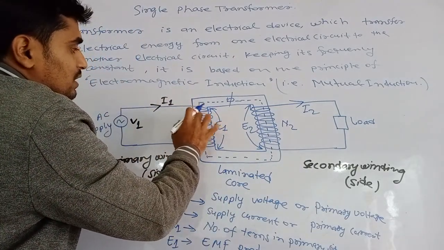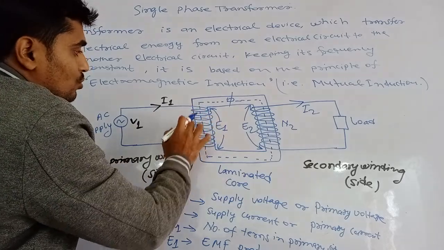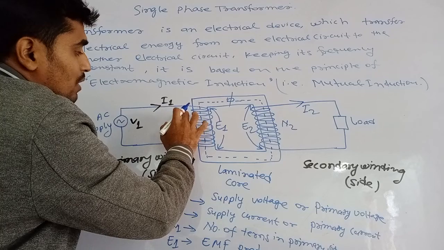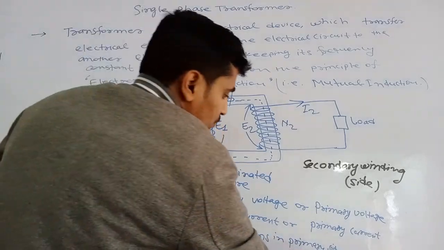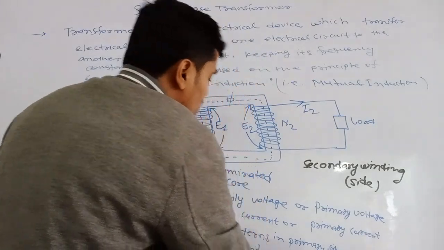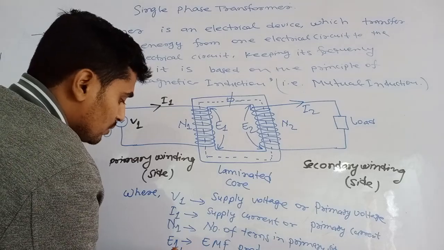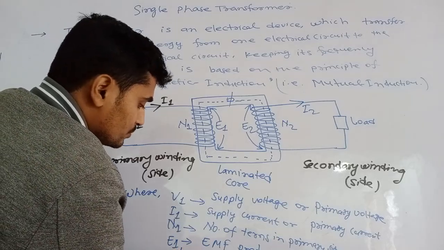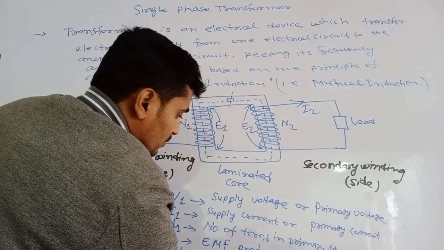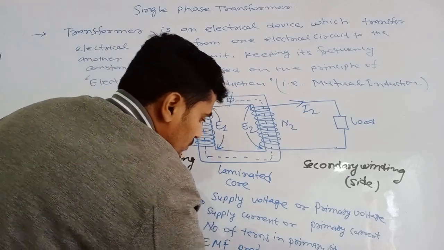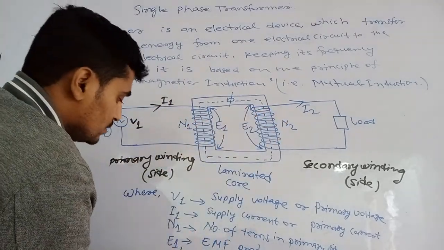There are many copper wires wound around these limbs, and these wound copper wires are known as the coil. Phi is the common magnetic flux.